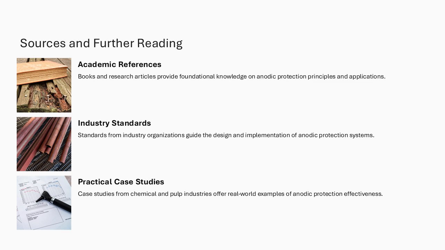These resources provide detailed insights into the principles, design, and applications of anodic protection systems. For practical implementation, case studies published by chemical and pulp industry associations offer valuable real-world data. Consulting these references ensures a comprehensive understanding of anodic protection and its role in modern corrosion control strategies.